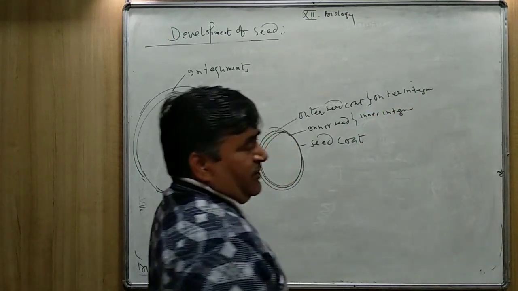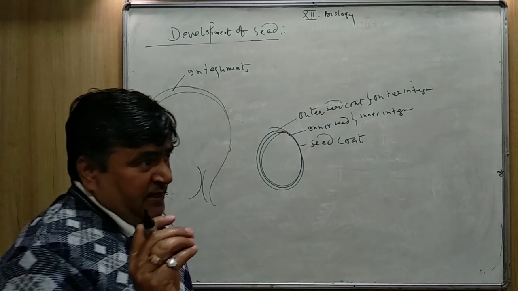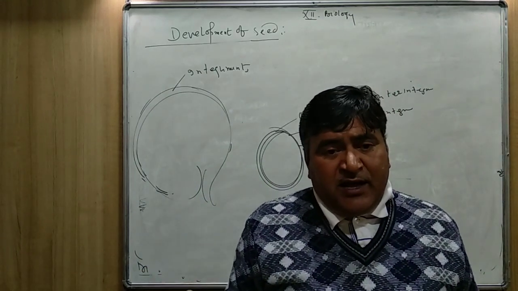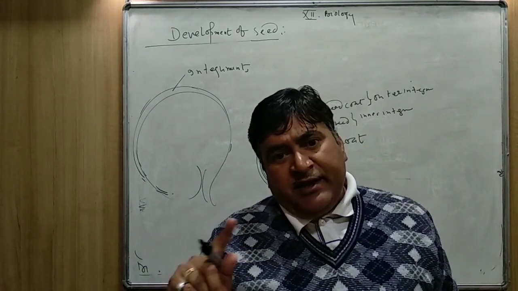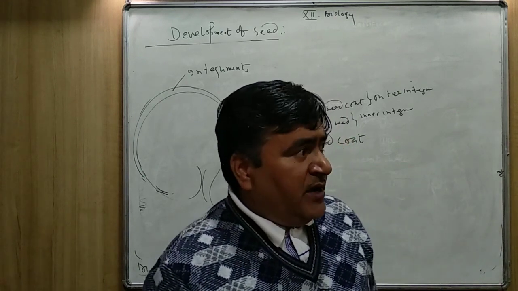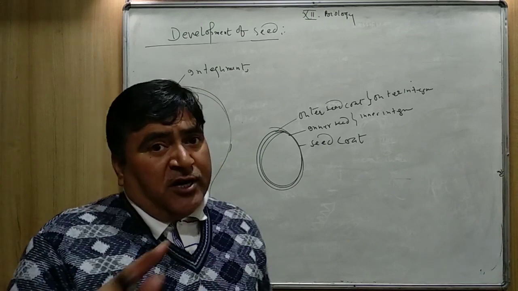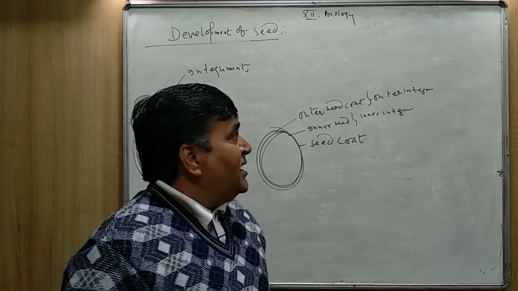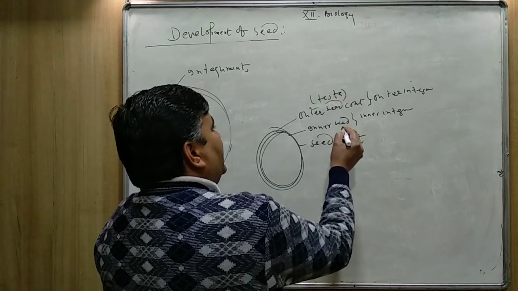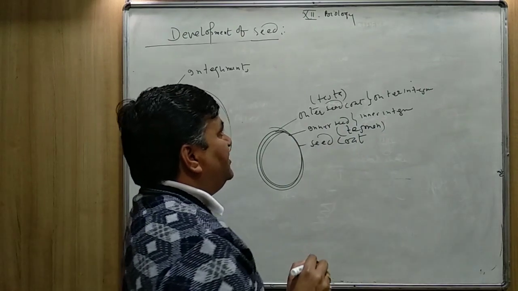Just remember that I taught you that the ovule has two layers, outer integument and inner integument. The outer integument, after fertilization, forms the outer seed coat, and that is called testa. The inner seed coat is called tegmen.